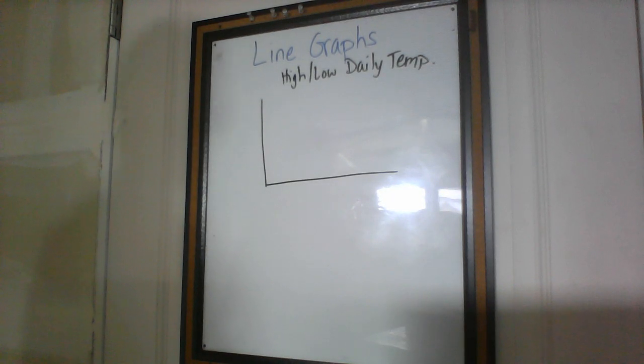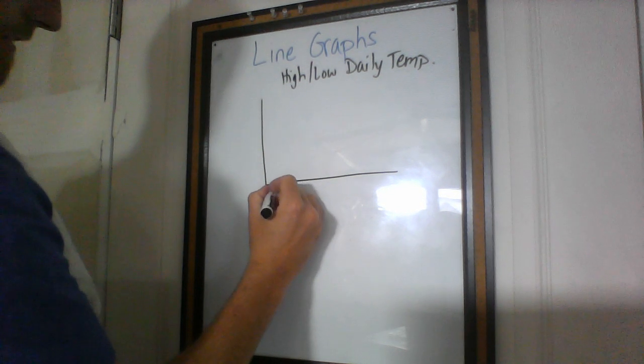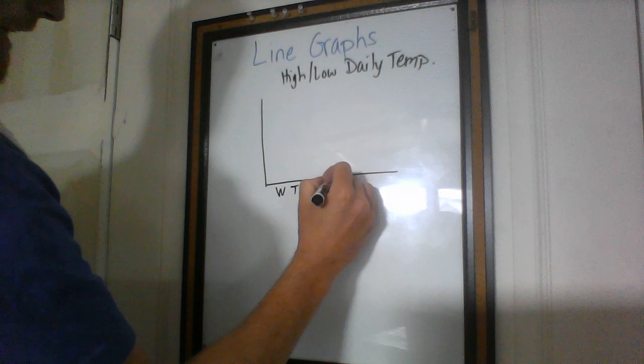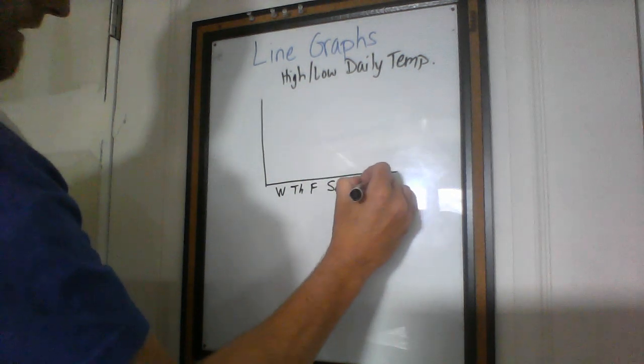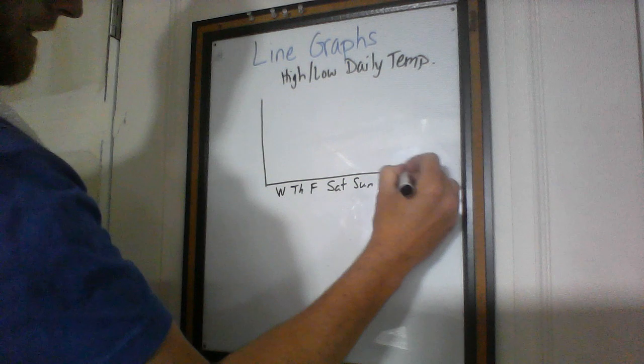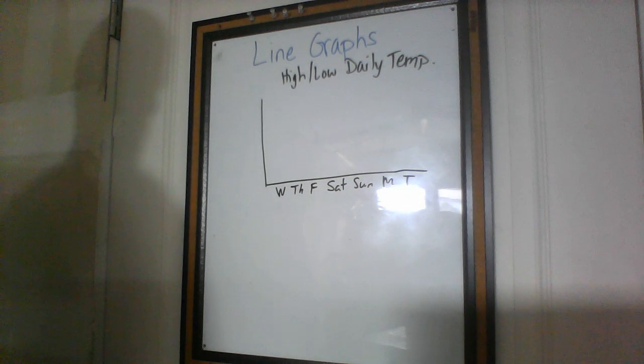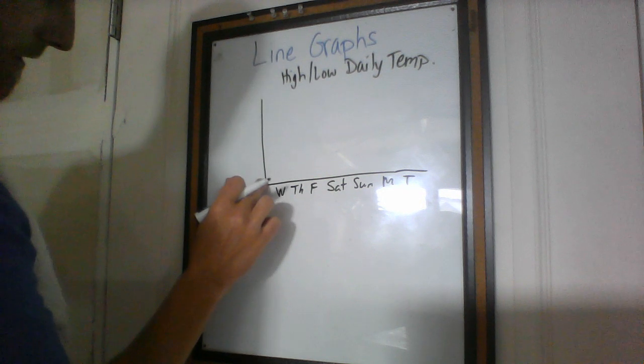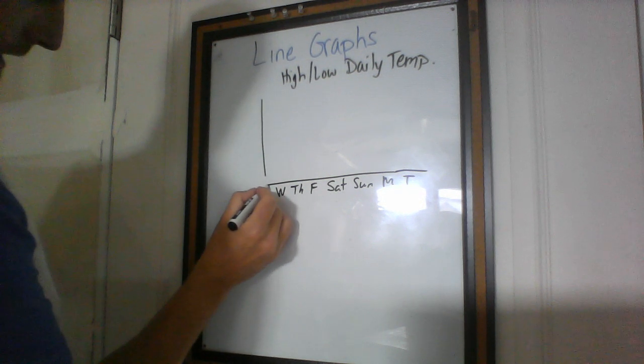Okay, high and low daily temperatures. Because of when I'm doing this, we're going Wednesday, Thursday, Friday, Saturday, Sunday, Monday, and then back to Tuesday. Here's a little trick, and we talked about this in class.